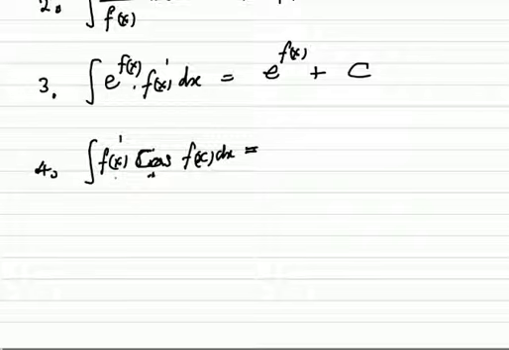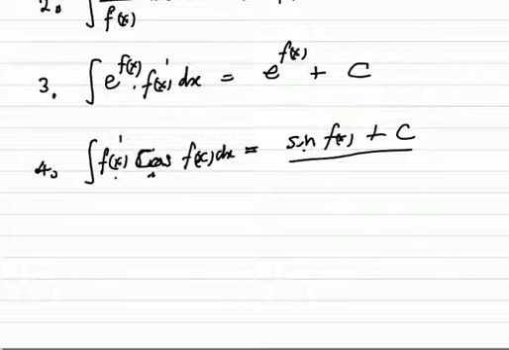So that will be sine f of x plus c. So you call upon the immediate derivative of the function, then you get that. You must notice that when you differentiate this side, it will be the derivative of sine, which is cos, multiplied by the derivative of the argument, which gives us that. And all the trigonometric functions are going to be worked out in a similar fashion.